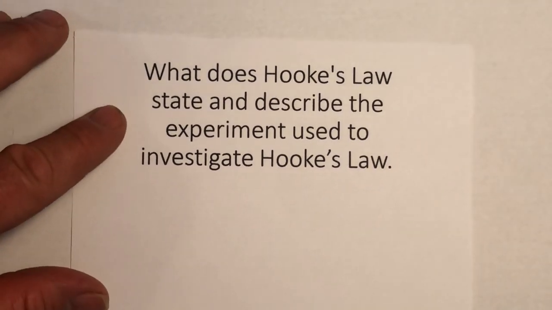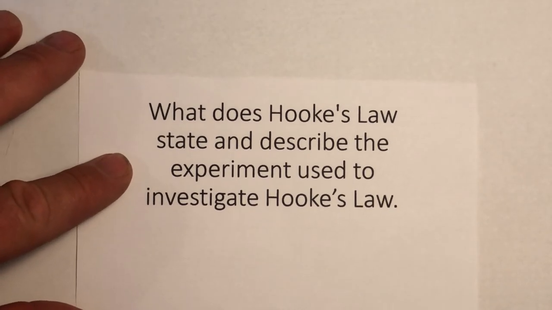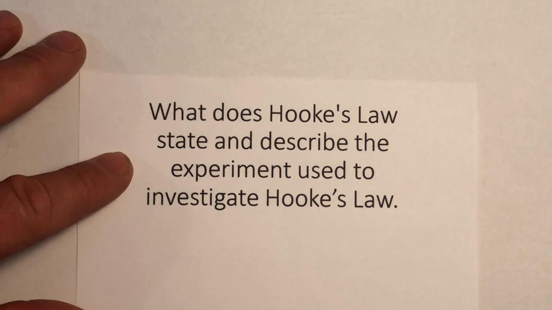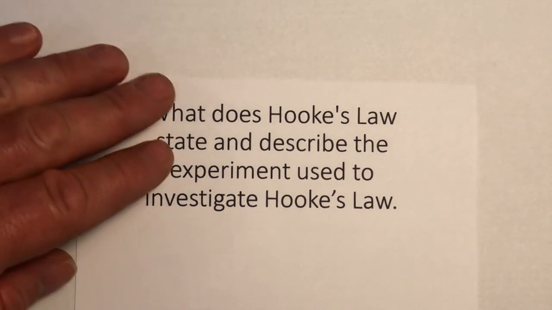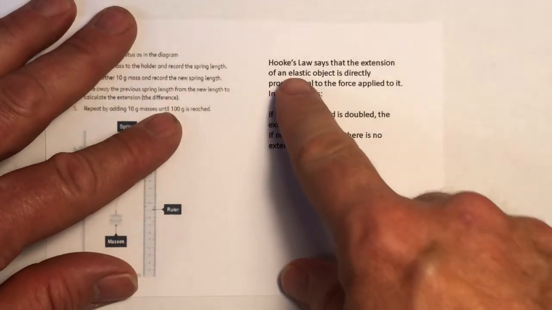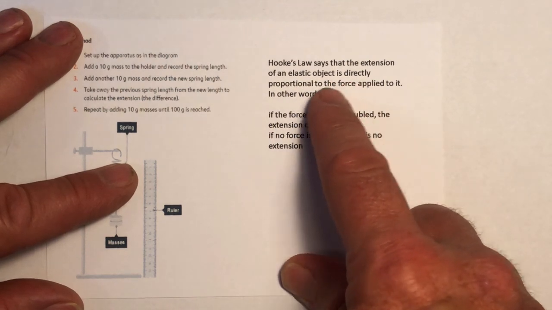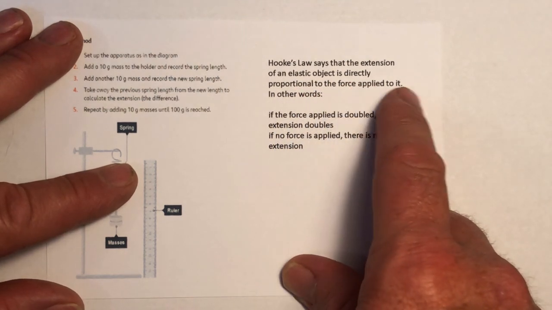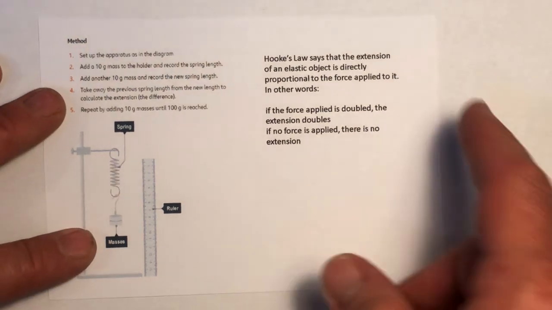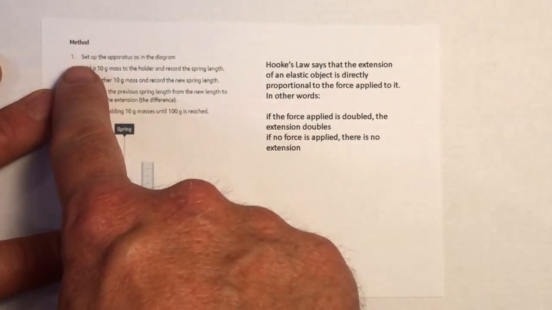So, the question that you need to answer: what does Hooke's law state, and describe the experiment used to investigate Hooke's law? Hooke's law states that the extension of an elastic object is directly proportional to the force applied to it. Describe the experiment.